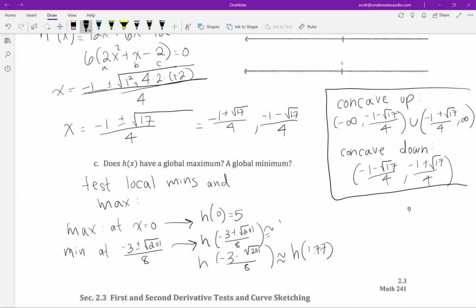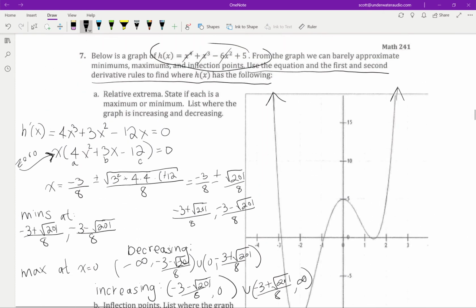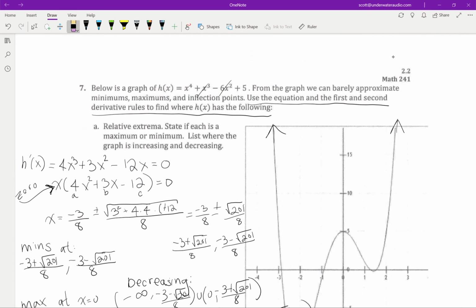That is approximately the same thing as 1.4. It's 1.4. Okay, and then each one of these I'll put into the original equation up here.